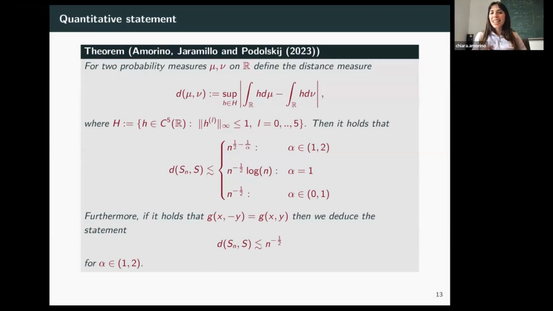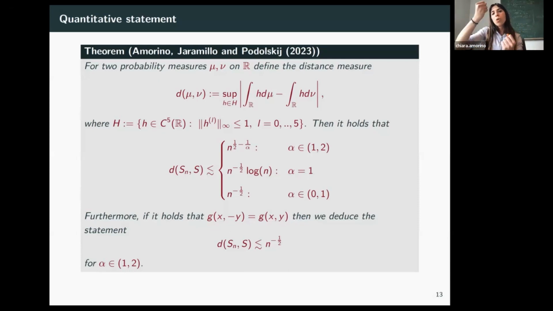If we consider a general Lévy process, it's not as easy as that, because again, we can understand that some kind of symmetry is needed, but it's not enough just to say that the function is symmetric in the second component. We need a condition on the symmetry that is a connection between the behavior of G and the behavior of the process X itself.